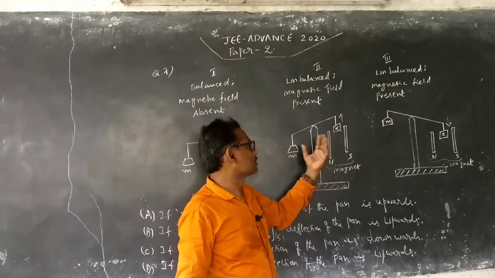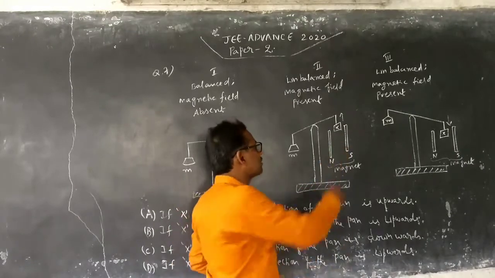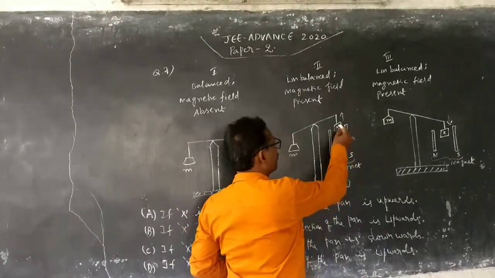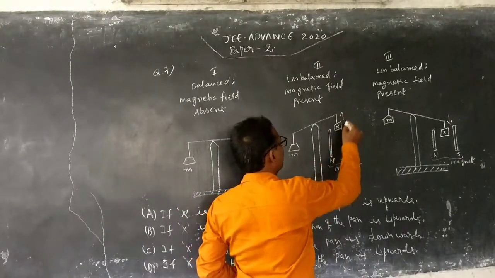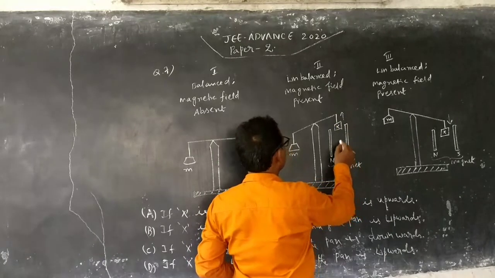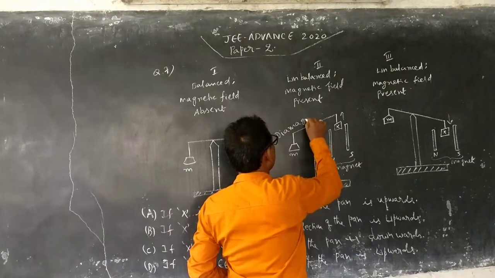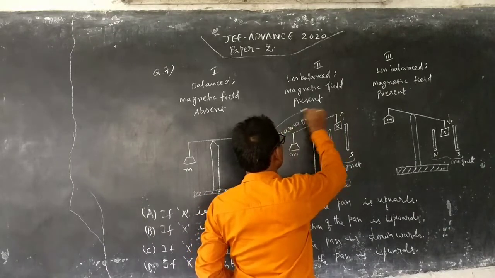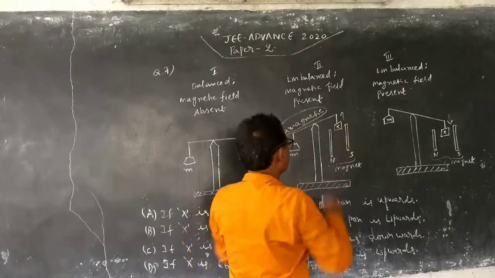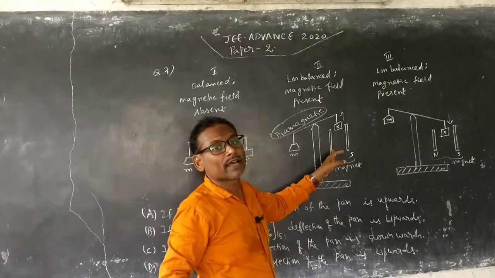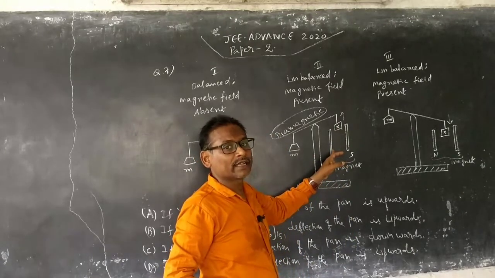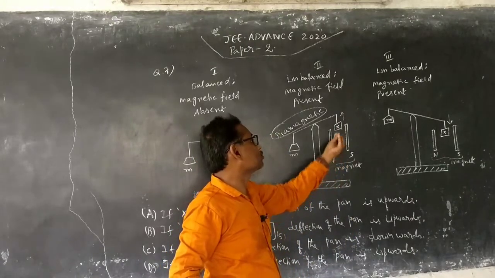That means the substance is repelled by the magnet. Then the property of X here is diamagnetic. This diagram shows that it is diamagnetic in nature, because it is slightly repelled by the magnet, that's why it is pushed up.